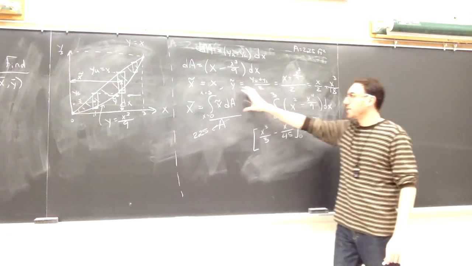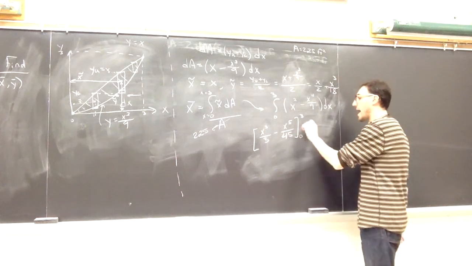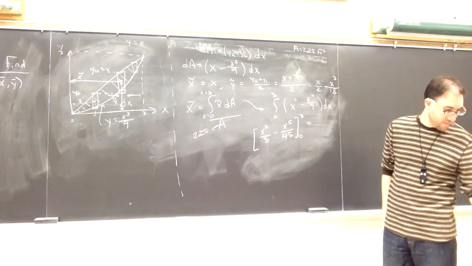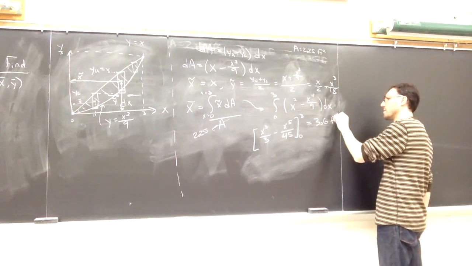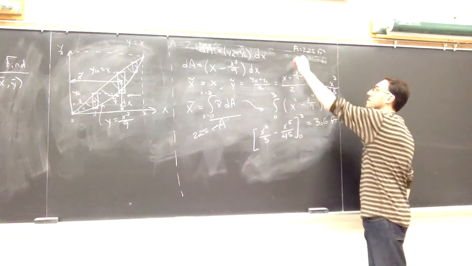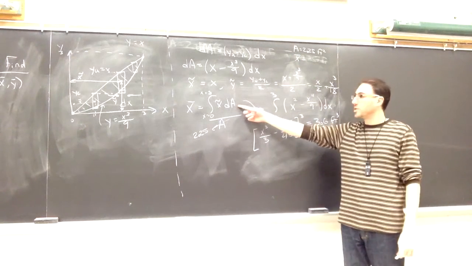Again, I'm just doing the numerator at the moment. Then I'll combine it with the denominator again. I get that the numerator is going to give me 3.6 feet cubed. The numerator is 3.6 cubic feet.